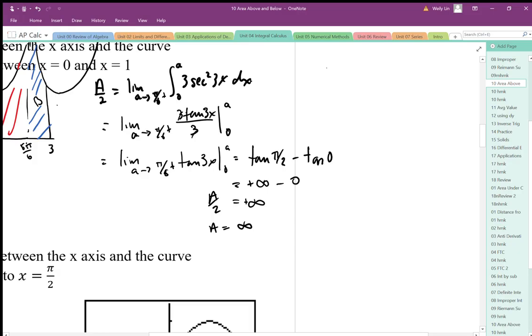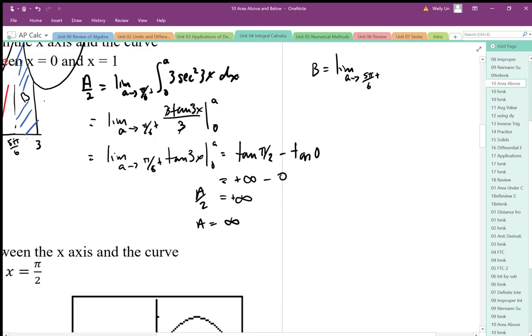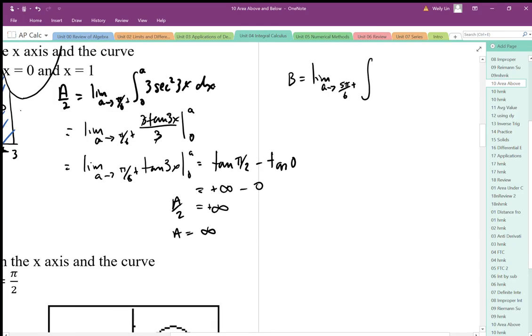So the area B is equal to the limit as A goes to 5 pi over 6 from the positive side, because I'm approaching it from the positive side this way. That's my area boundary, and it's going to be from A to 3 of 3 secant squared 3x dx.